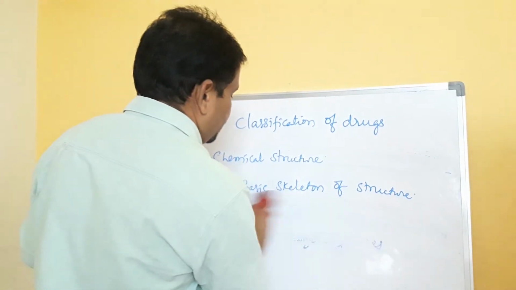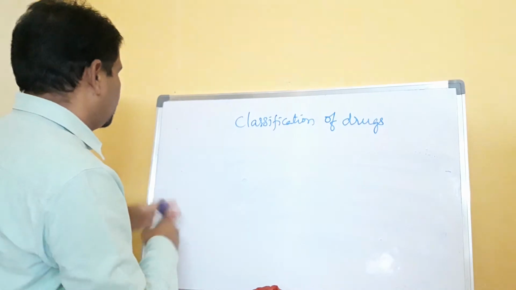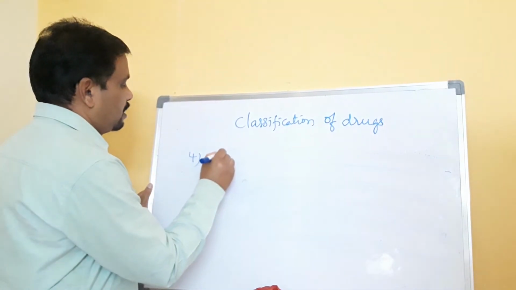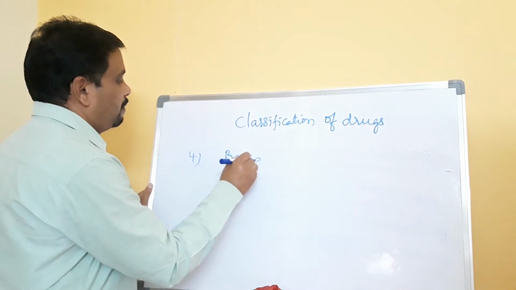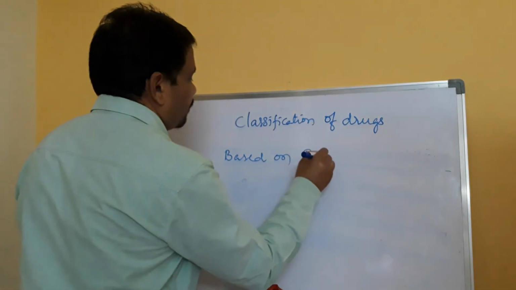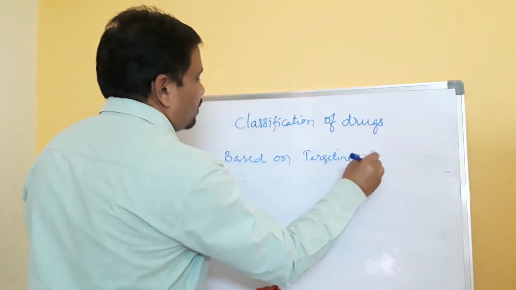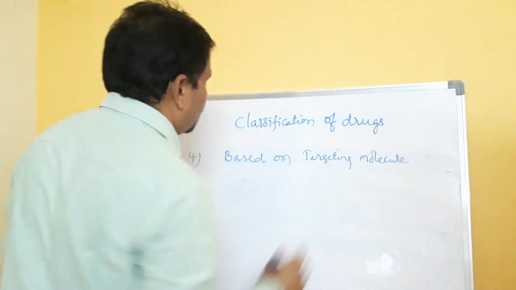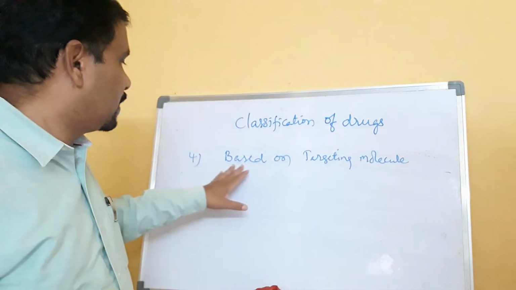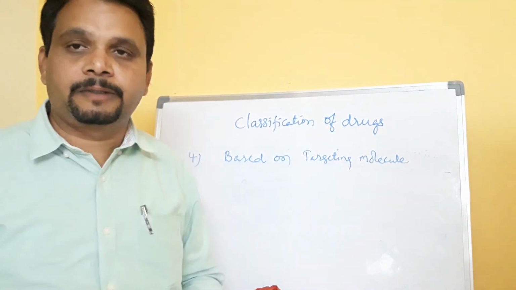The next one, the fourth classification, is based on targeting molecule. The fourth classification of drugs is on the basis of target molecules.